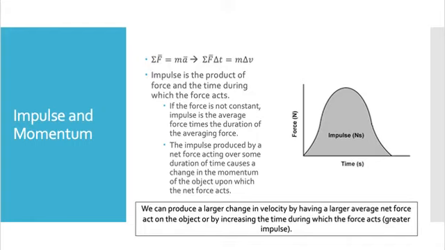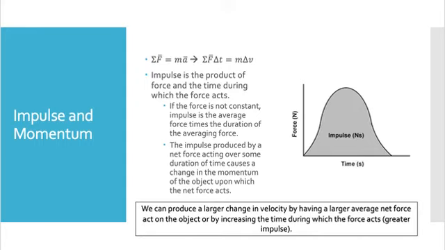The impulse produced by a net force acting over some duration of time causes a change in the momentum of the object upon which the net force acts. To change the momentum of an object, either its mass or its velocity must change. And in some sports and human movement, we most often see a change in momentum due to a change in velocity.